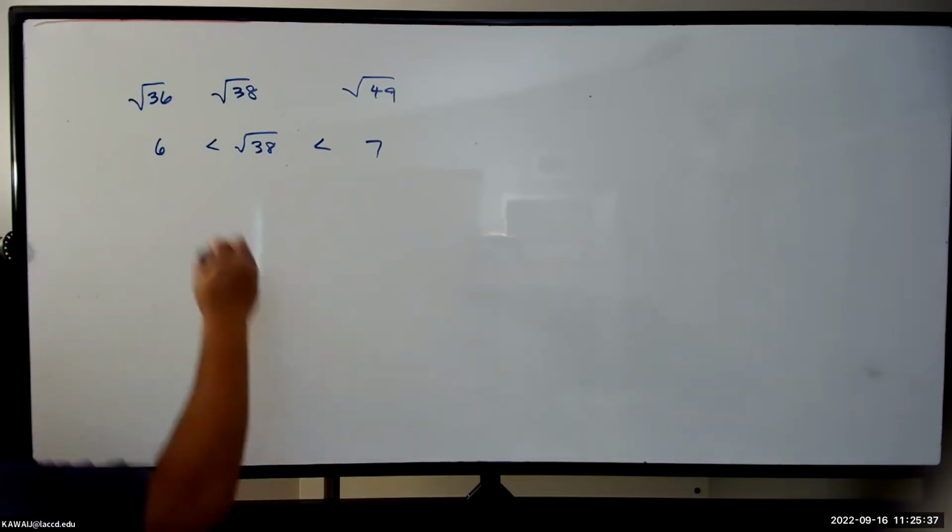It means that 38 is in between 6 and 7. Okay, so what you want to do when you're trying to estimate a square root, look at the perfect squares that are bigger and smaller than it. Okay.